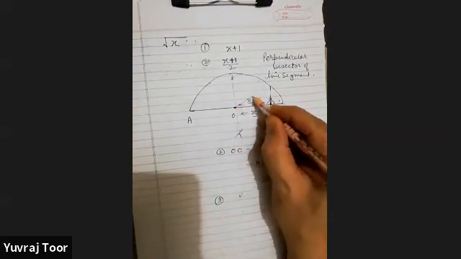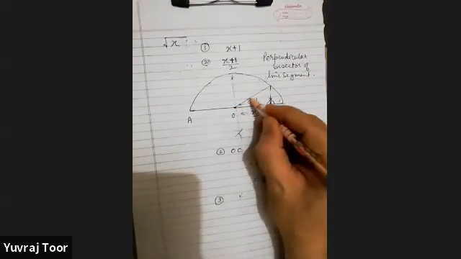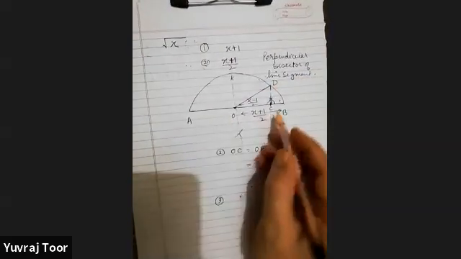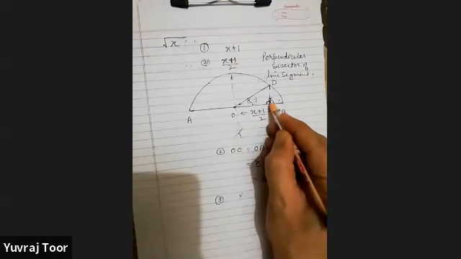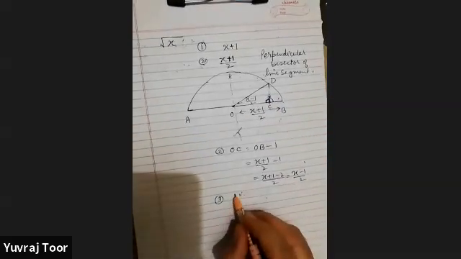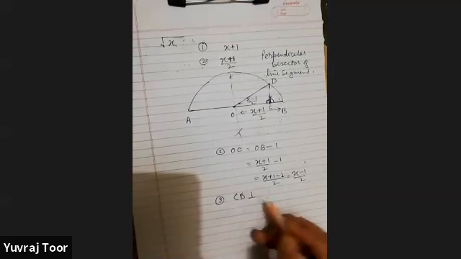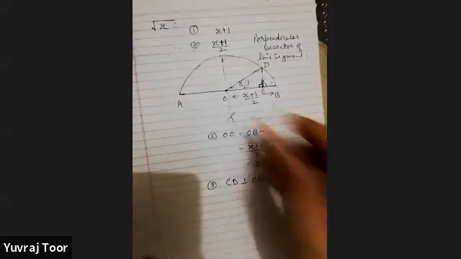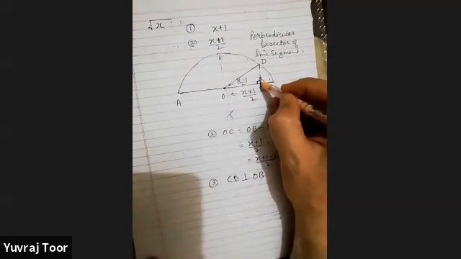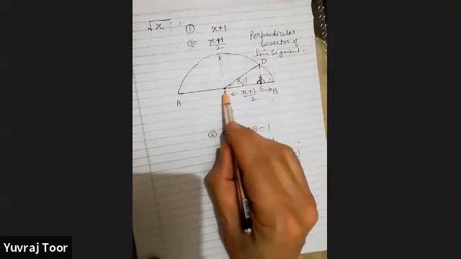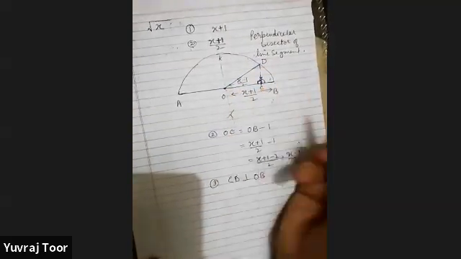If I join this length, let us say D, OCD is a right angle triangle. After drawing CD perpendicular to OB, now let us see what is the length of CD, because I know the length of OD and I also know the length of OC.